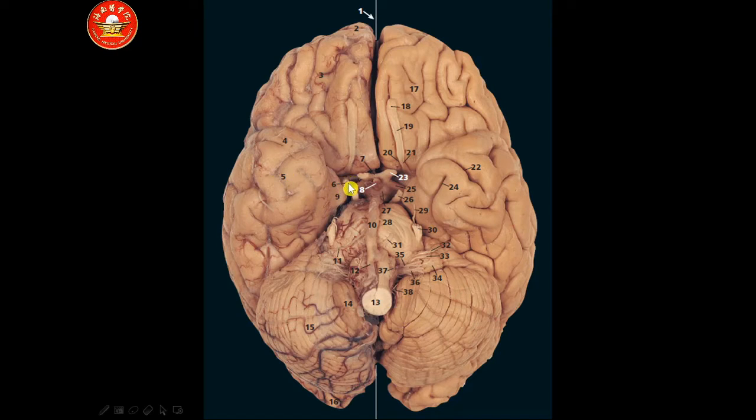Number 6 is representing the internal carotid artery here. Number 7 is representing the optic chiasma. Number 8 is the infundibulum, that is a connecting stalk where the pituitary gland is attached.